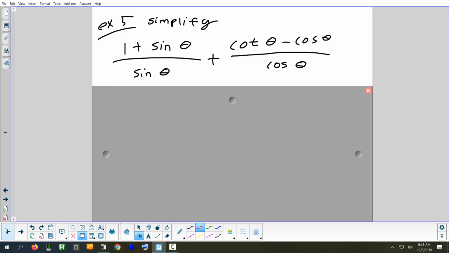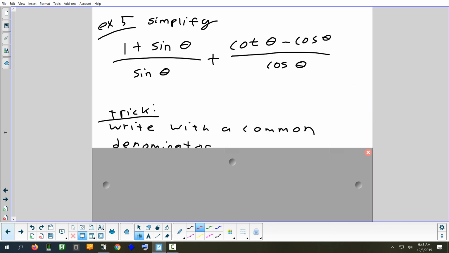Well, here's going to be the third way. And I showed you guys a little preview of this with numbers earlier. You've got 2 fractions. Do they have the same denominator? No. So let's make them have the same denominator.